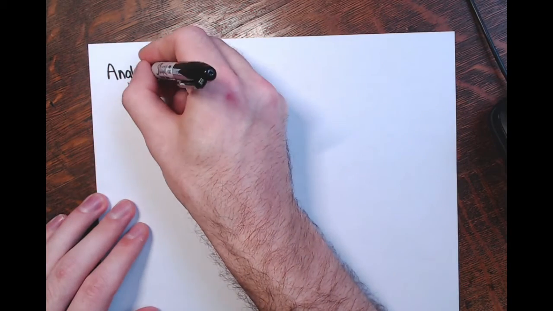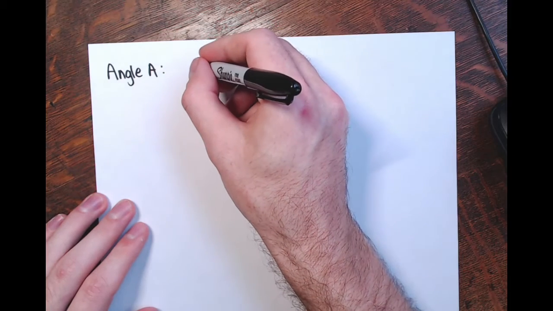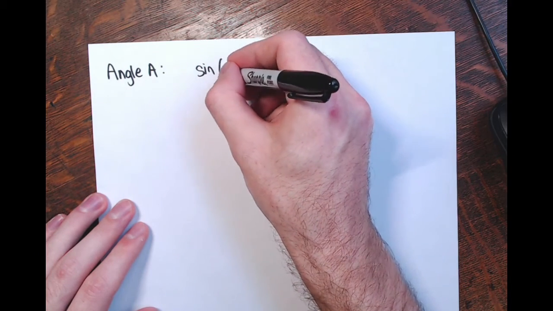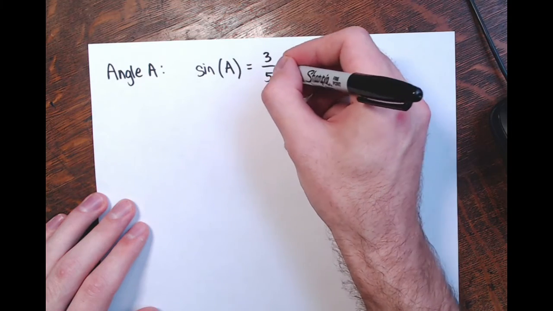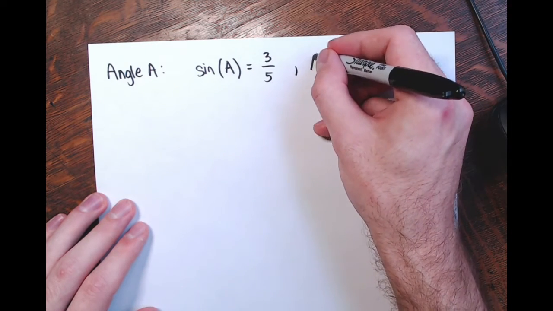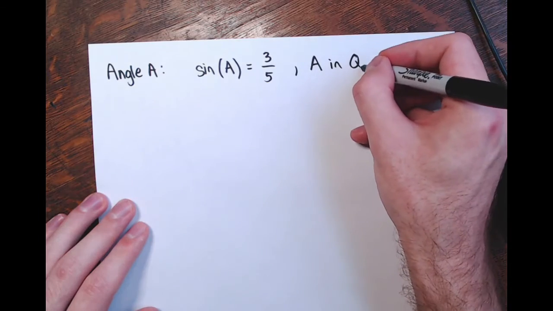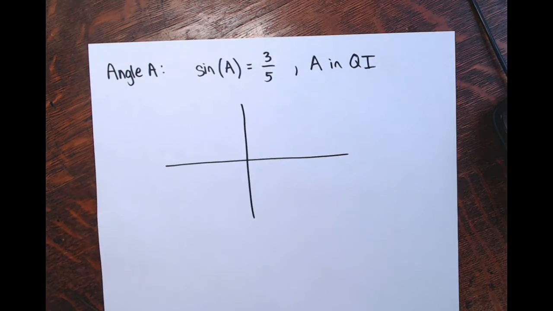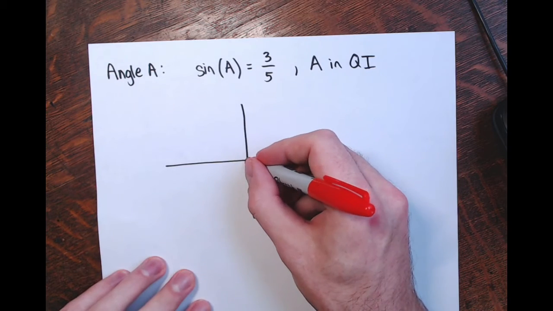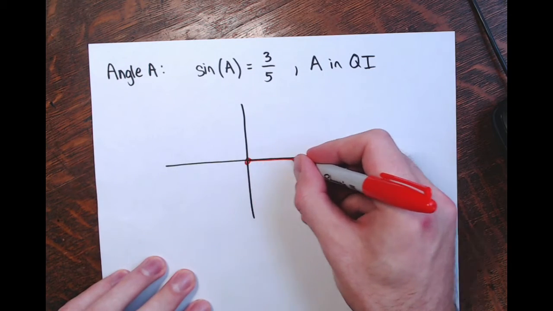angle A. Now we are told that the sine of angle A is positive 3/5, and angle A ends in quadrant 1. So I'll draw a quick picture of angle A. Again, you start from the positive x-axis as your initial side.